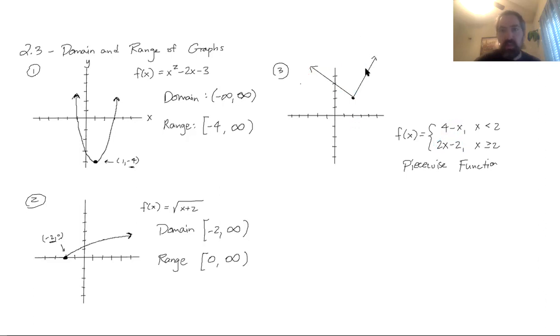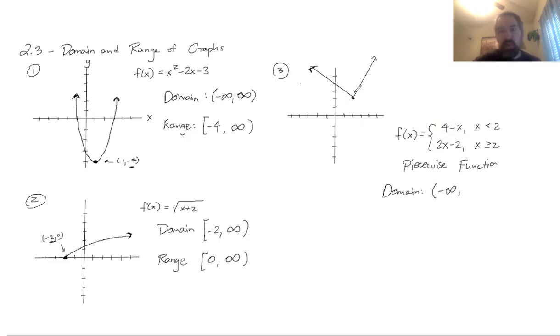Okay, what about the domain here? It works the exact same way as the previous functions when we're looking at the graph. The domain: what is the smallest x value? What's the largest x value? And are there any holes or jumps or asymptotes? In this case, we've got an arrow going to the left, meaning that the domain will start at -infinity.